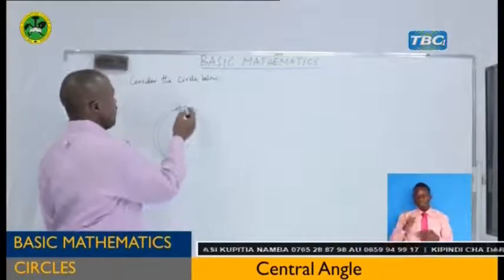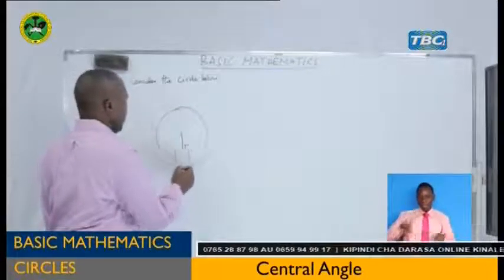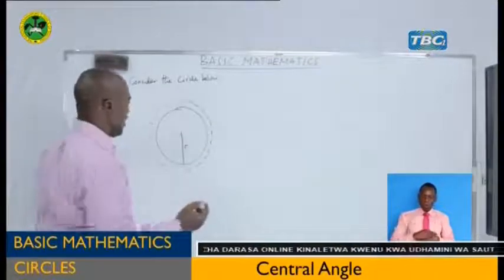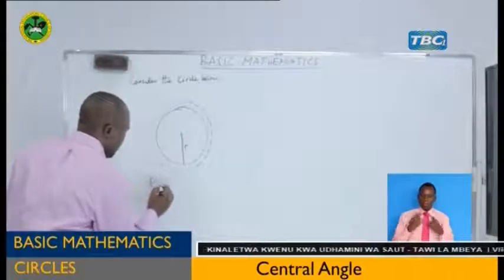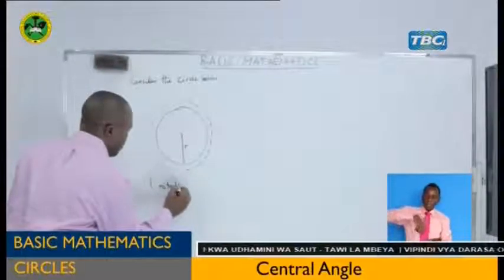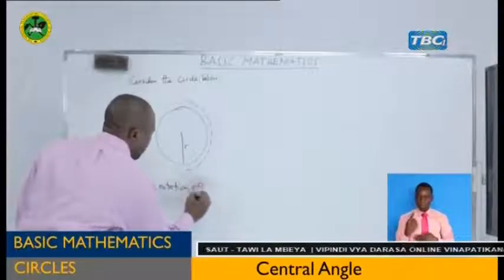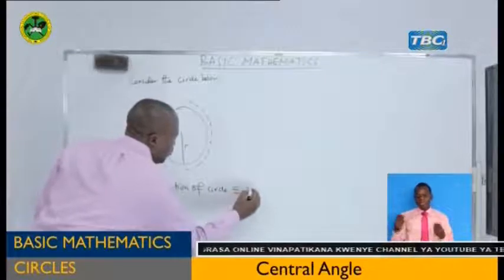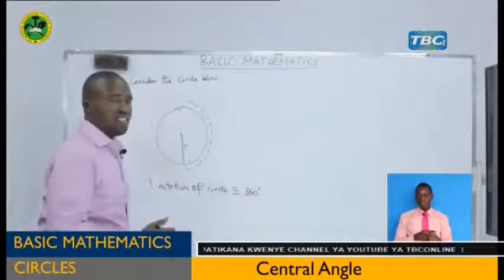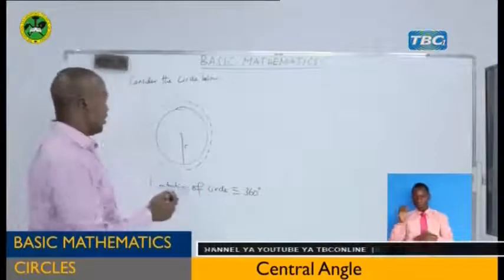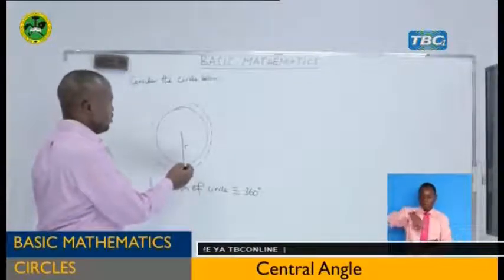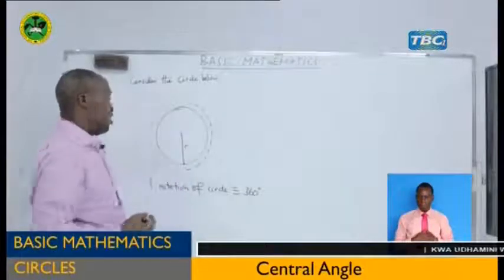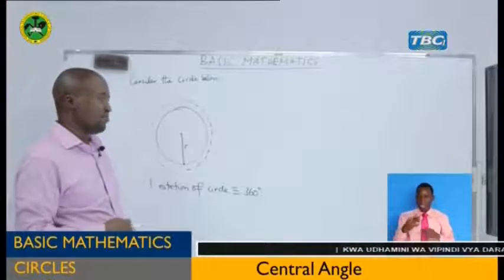Now, one complete rotation of a circle is equivalent to 360 degrees. To rotate from this point and complete this rotation, we have 360 degrees.